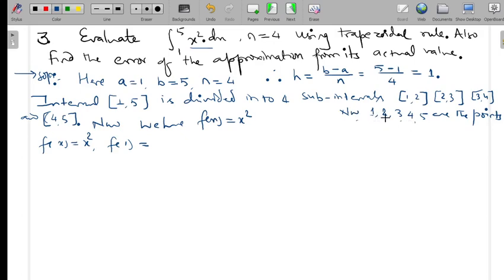Then the intervals are 1 comma 2, 2 comma 3, 3 comma 4, 4 comma 5. So we have to find f of 1 itself, and f of 2, that is 4, and f of 3 is 9, f of 4 is 16, and f of 5 is 25.